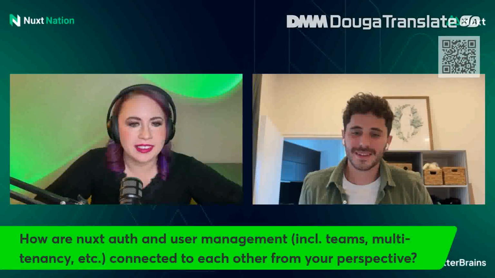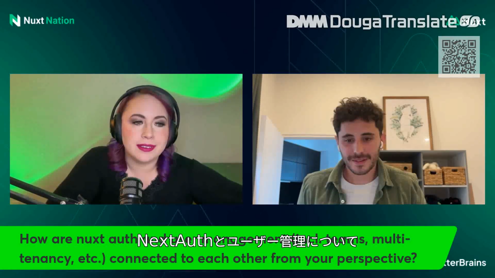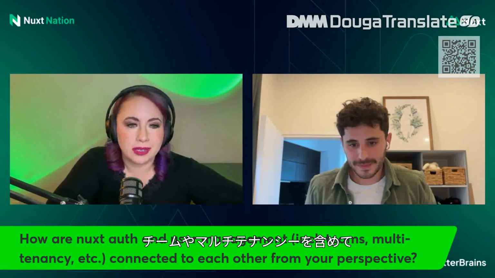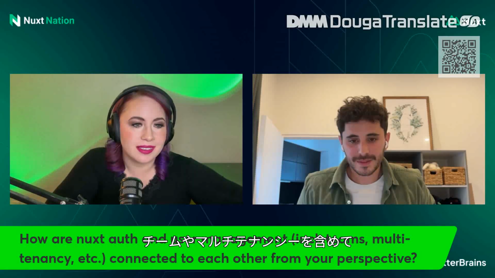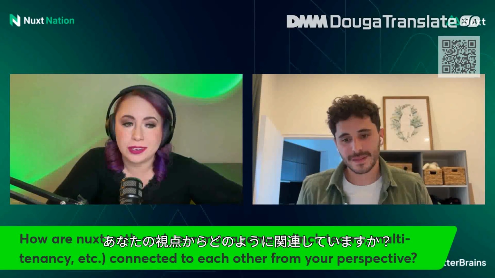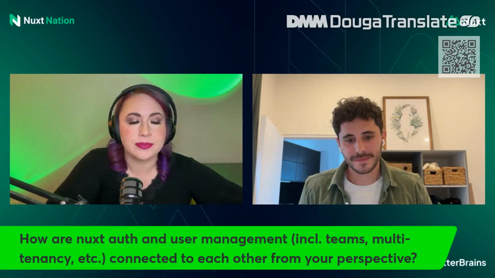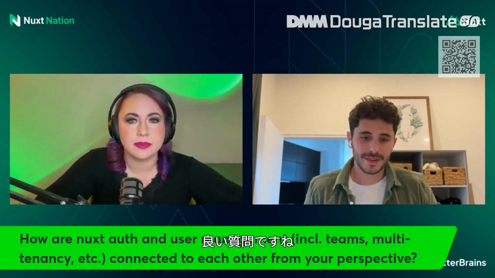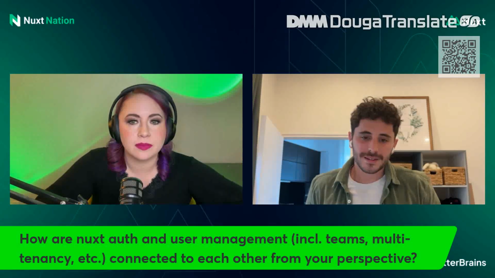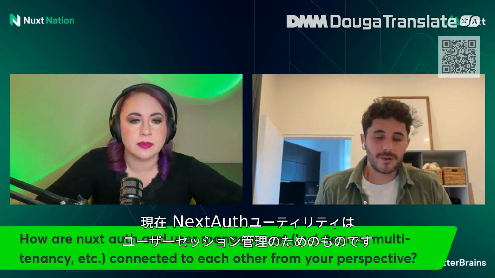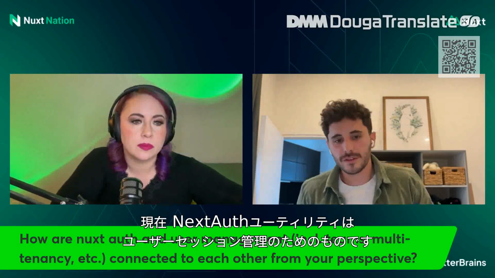All right. How are Nuxt Auth and user management, including Teams, multi-tenancy, connected to each other from your perspective? That's a good question. Right now, Nuxt.utils is for user session management.